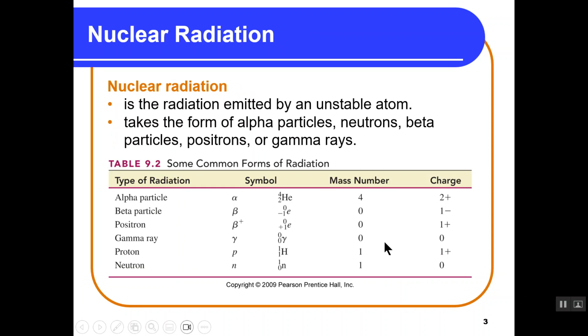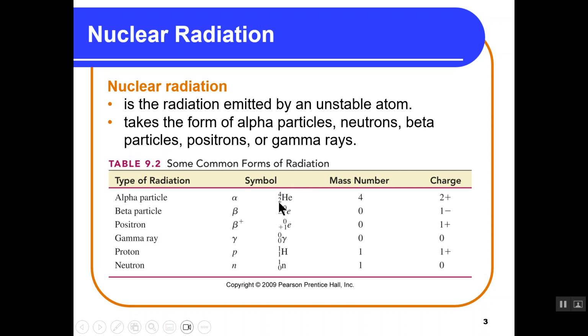Okay, so as I said before, radioactive isotopes basically will form a more stable atom by emitting some form of radiation, right? And the type of radiation that is emitted can take on different forms. And here is a list of the different types of radiation. You have alpha particles, which is basically the helium nucleus, as you can see by this symbolism here, where the mass number is 4 and the atomic number is 2.